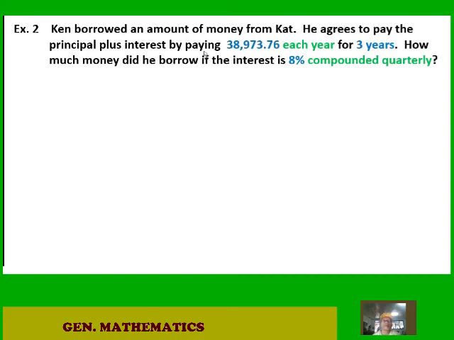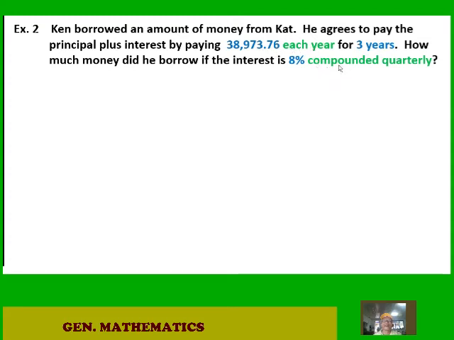Okay. Next example. Ken borrowed an amount of money from Kat. He agrees to pay the principal plus interest by paying 38,973.76 each year for 3 years. How much money did he borrow if the interest is 8% compounded quarterly? Take note that the payment is every year.